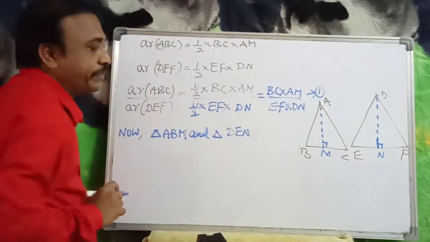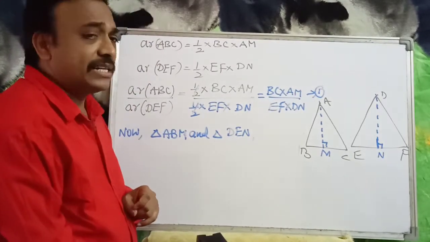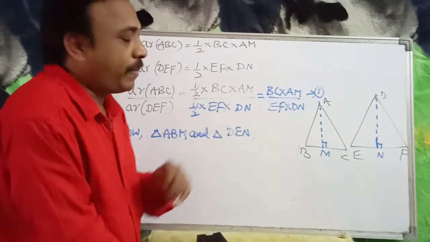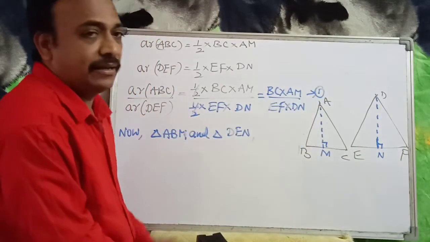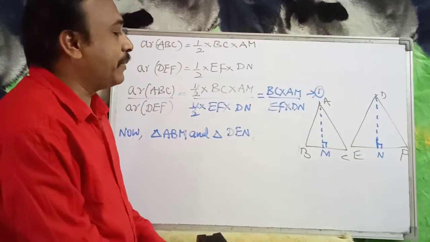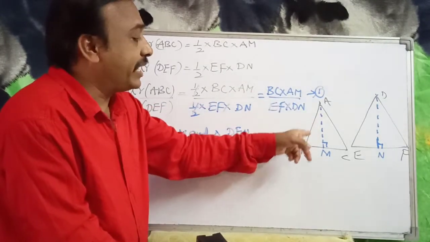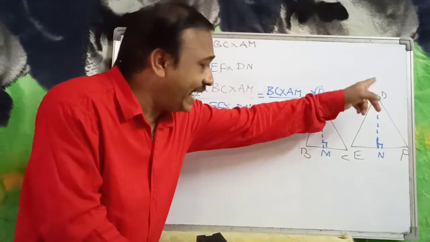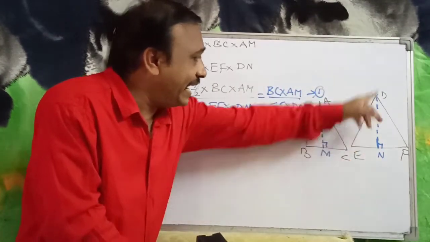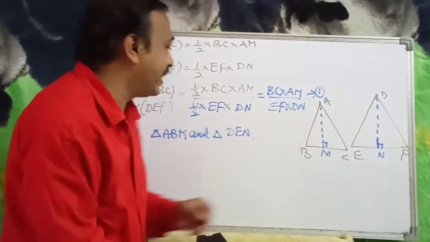In those two, as we know, angle B is equal to angle E. Why is angle B equal to angle E? Because they are corresponding angles of triangles ABC and DEF. So angle B is equal to angle E.